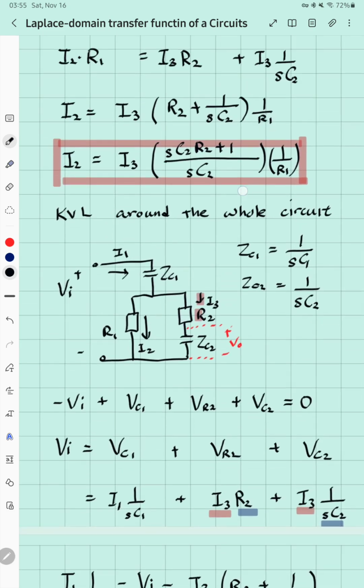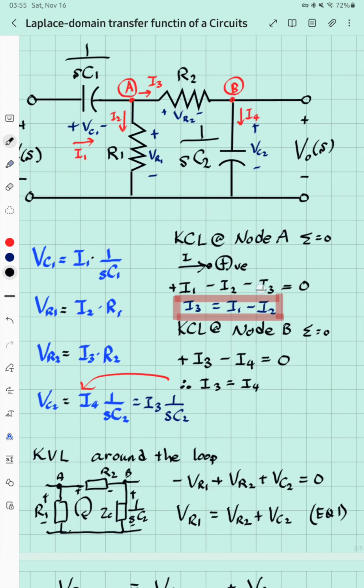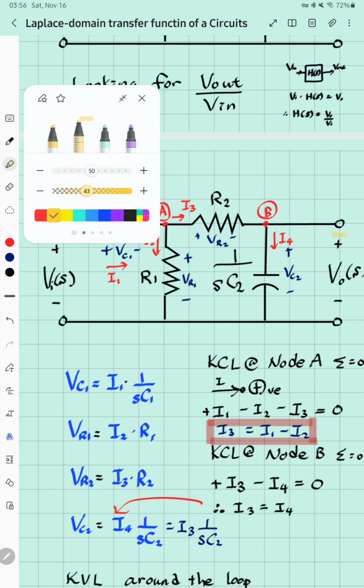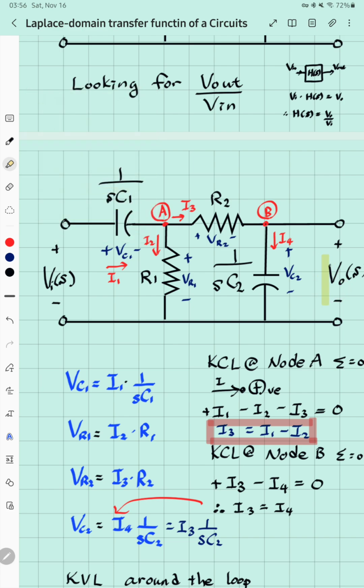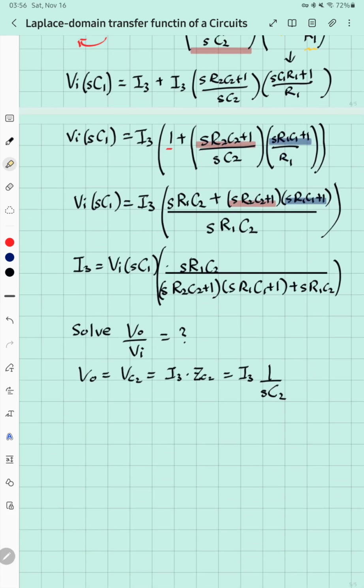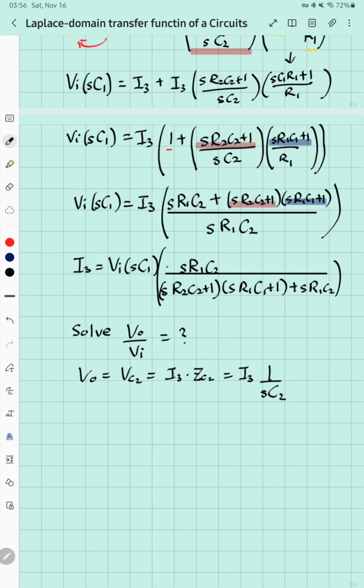If you're not sure, we can always go back to the drawing. Over here and also over here, VM is literally VC2. And then V in, we'll just write it as V in.